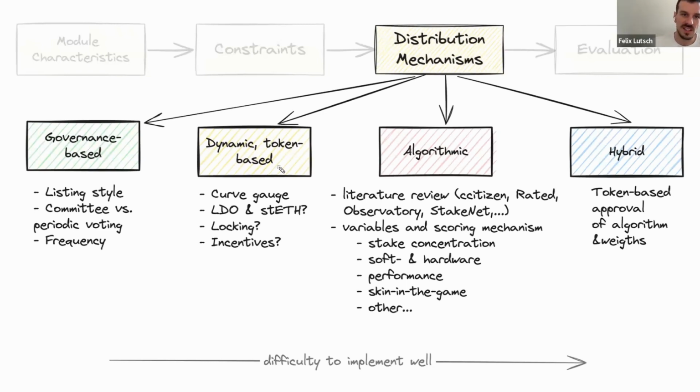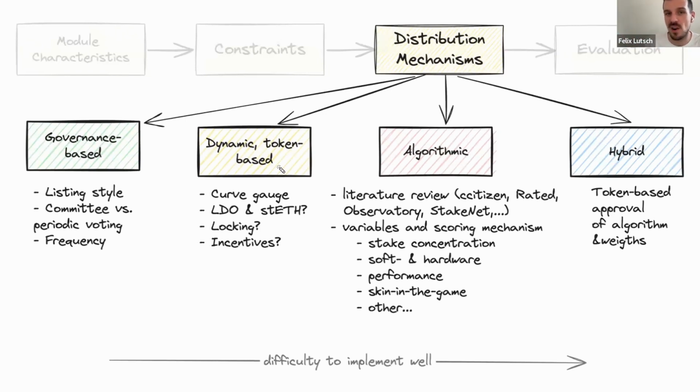So in a similar way, one could imagine that LDO or maybe even stETH could be used to determine to which module the ETH that is deposited into Lido goes. Essentially, the token holders decide which modules they want to support.